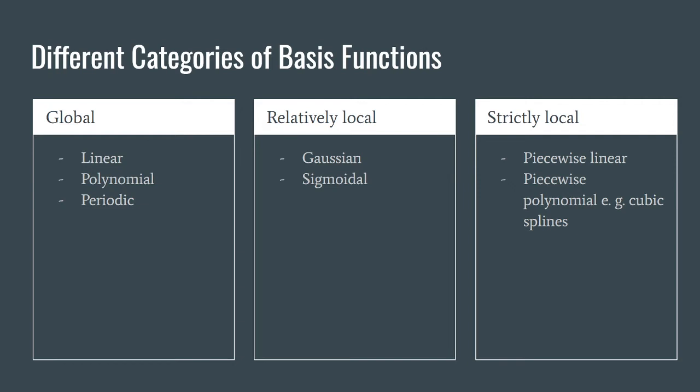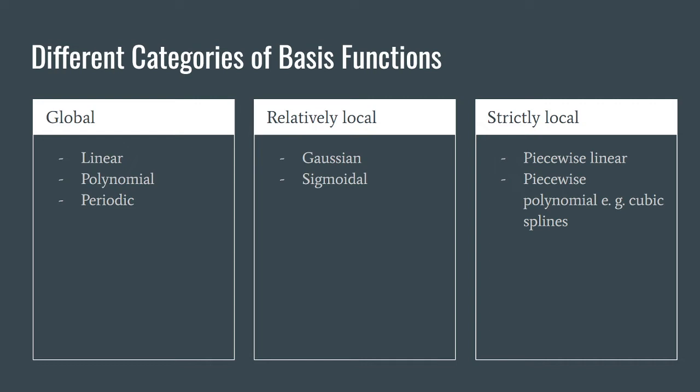For global, this means the function extends over the whole length of the x-axis. The strictly local functions only extend over a closed interval and can therefore only model data in this interval. The relatively local functions are theoretically also global, but the actual impact of the function remains inside a small interval as well, similar to the strictly local basis functions.